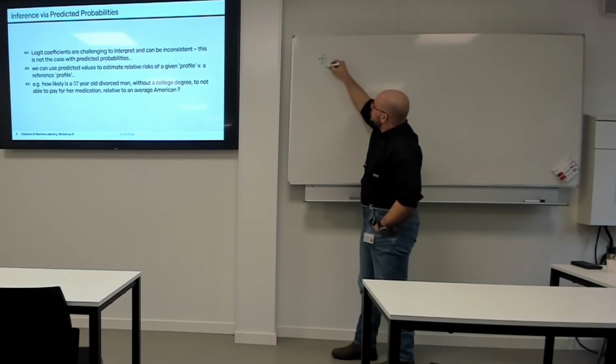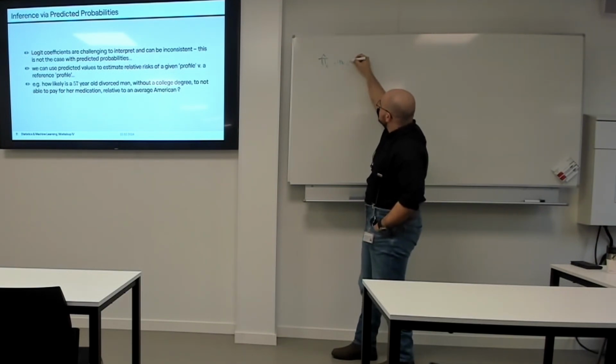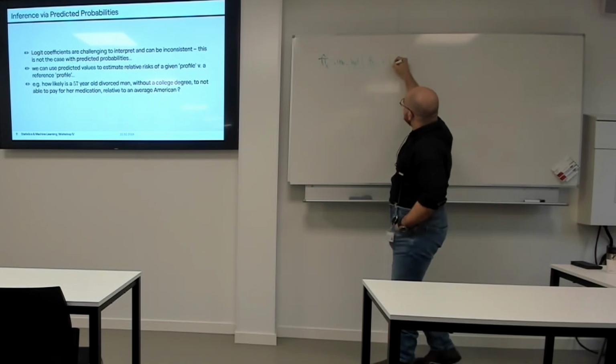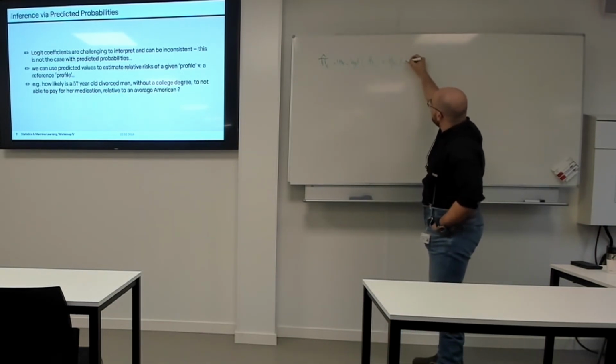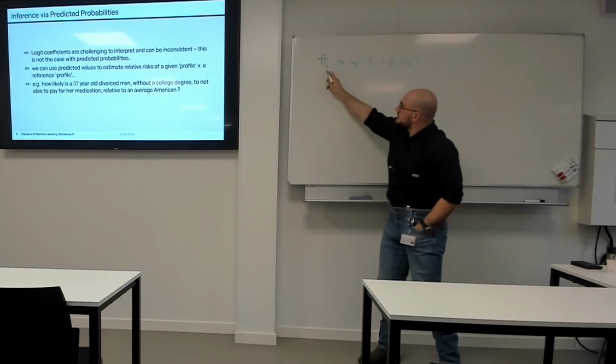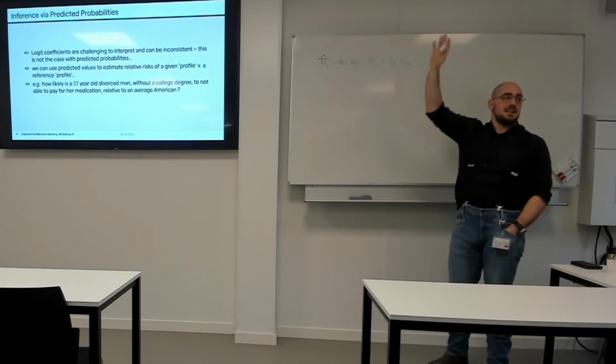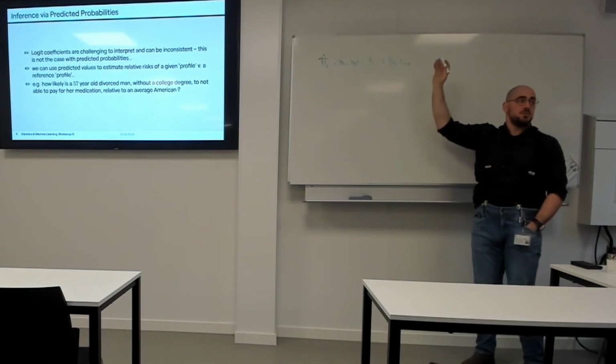So you understand that by applying the inverse logit to beta 0 plus beta 1 xi1, I recover a predicted probability for this individual. Yes? Who doesn't understand what I just put on the board? Put your hand up, please.